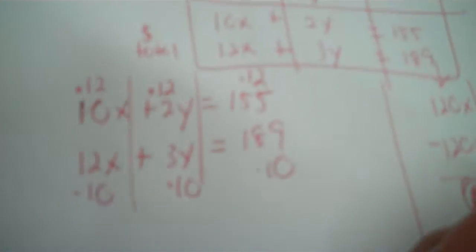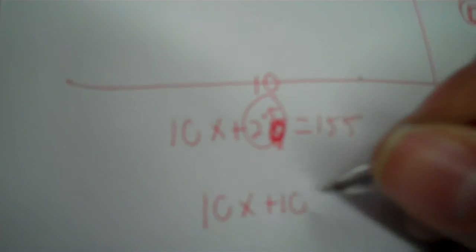Now, unfortunately, you can't just subtract, so what you need to do is take one of your two equations. I usually go at the top one and just copy it down. And I put 5 in place of the y. So the product of 2 and 5 is 10, not 10y. Y is out. So 10x plus 10 equals 155.